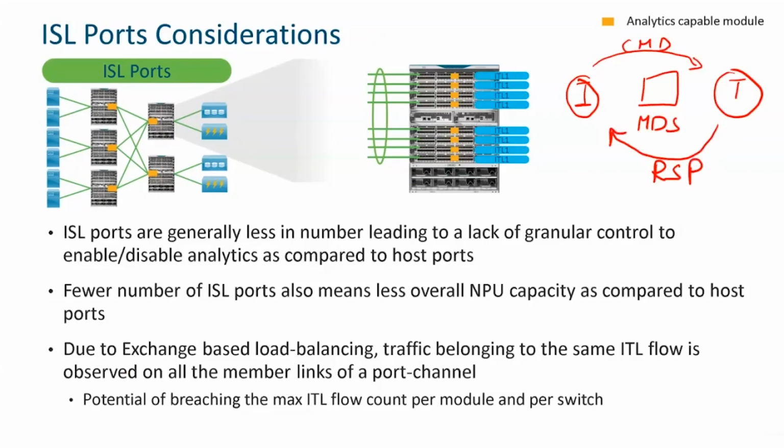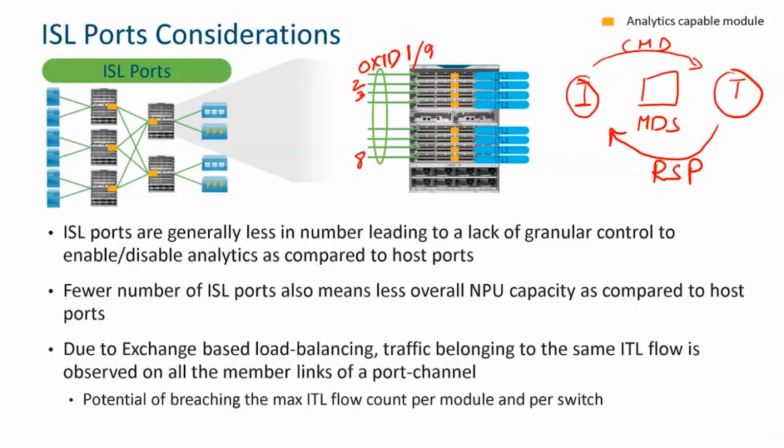If we enable analytics on ISL ports, what would happen is that because of our default exchange-based load balancing, for the same ITL flow, exchange 1 will go on the first link. So if I have 8 links in a port channel, as you see here, OXID 1 will go on link 1, then OXID 2 will go on link 2, 3 on link 3, and so on, all the way to OXID 8, and then the 9th will go on the first link again.